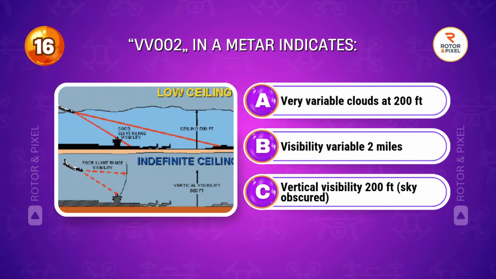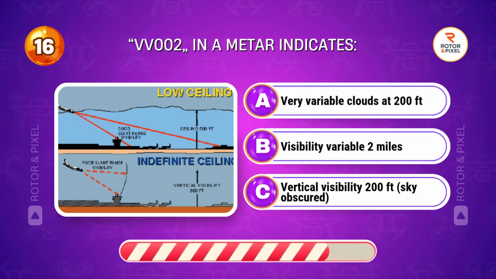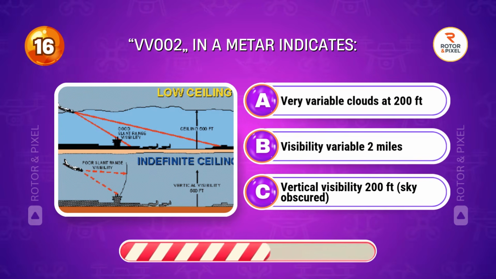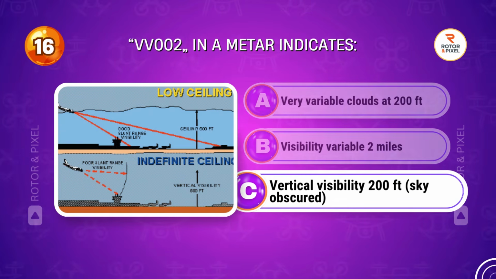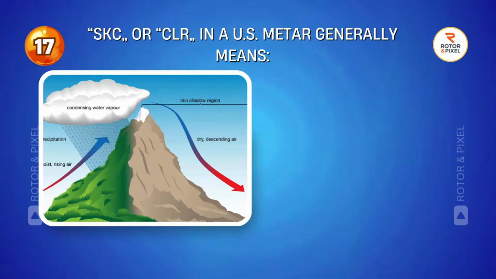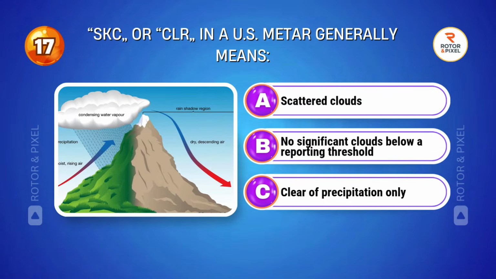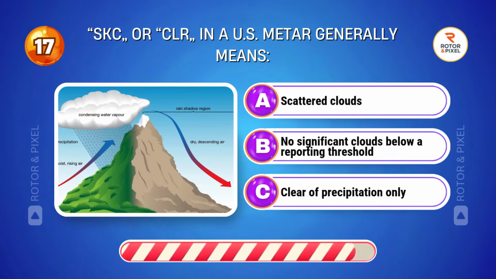VV002 in a METAR indicates? Answer C, vertical visibility 200 feet, sky obscured. SKC or CLR in a US METAR generally means?